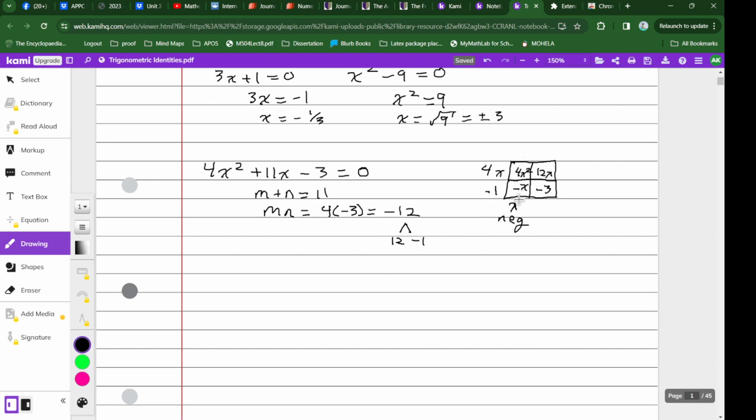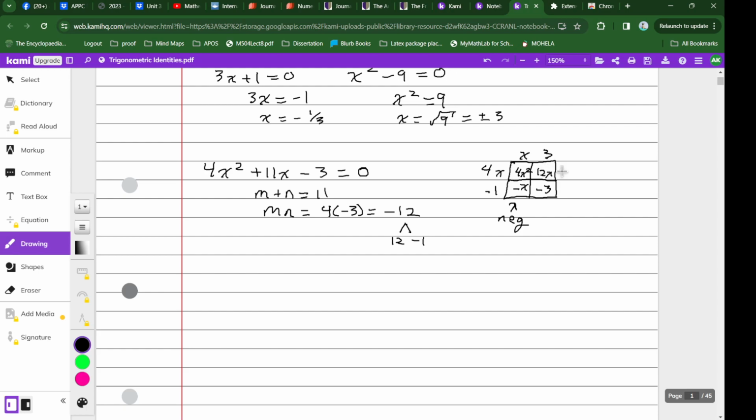Then I look at the left two boxes. They don't have any numbers in common, but they do have an x in common, so I'm going to write down an x. And then we have our right column, so our right two numbers. And 12 is divisible by 3.